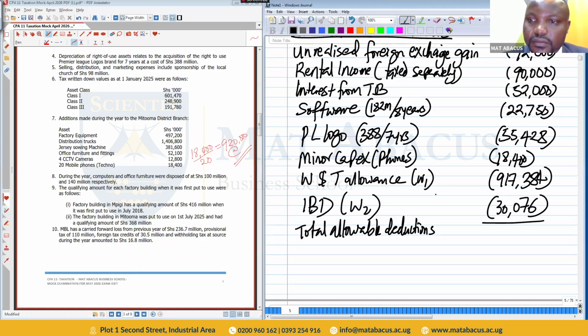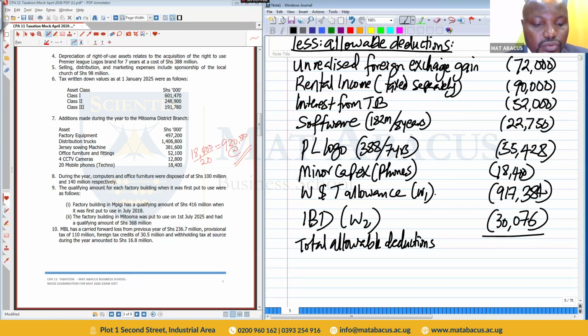So then you will have 72,000 plus 90,000 plus 52,000 plus 22,750 plus 55,428 plus 18,400 plus 917,384 plus 30,076. When you add, you get 1,258,038 as your total allowable deduction.